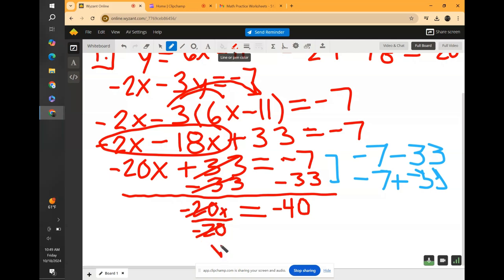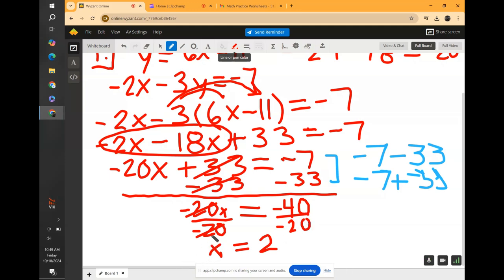We have x, and that is equal to what? X is equal to negative 40 over a negative 20. What's that? Punch that in our calculator. That's a positive 2. A negative divided by negative is a positive. So it's a positive 2, 40 over 20.